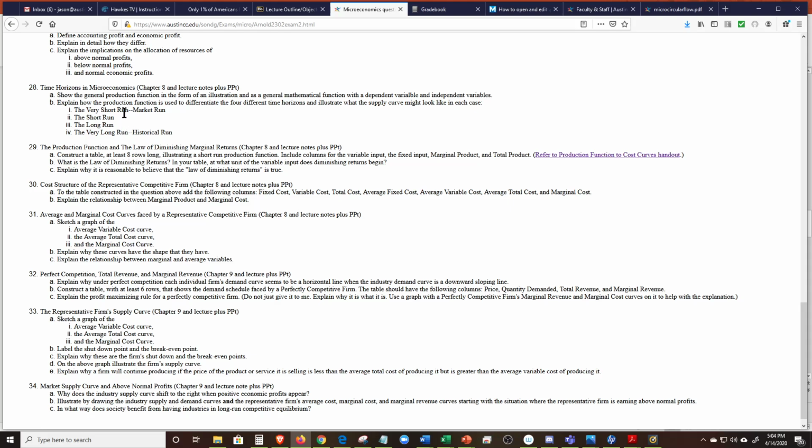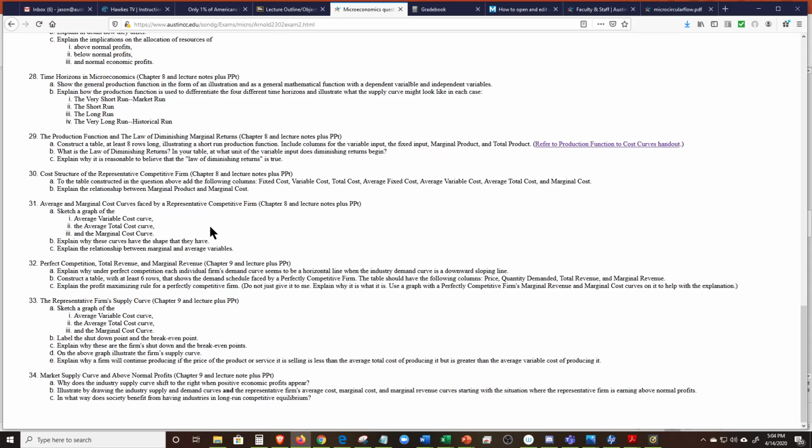And we went on to analyze production in the short run, in which the law of diminishing marginal returns holds. The law of diminishing marginal returns leads to an upward sloping marginal cost curve. Marginal cost rises as output increases after a certain point. And that's where we ended the second unit, right there at topic 31.